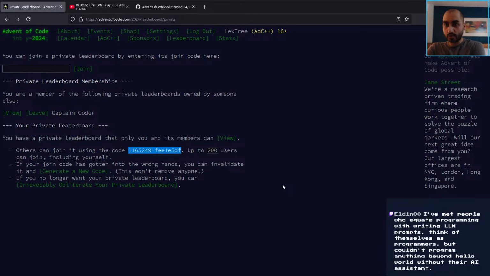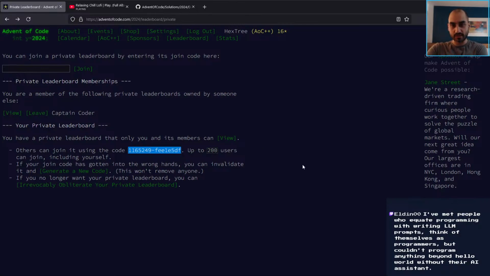I've met people who equate programming with writing LLM prompts, think of themselves as programmers, but couldn't program anything beyond, hey, hello world. Yeah, that's what I'm saying. So it's obvious and common sense to coders, people who can code, that it is against the rules. But some people literally have only used AI to code and to develop scripts for them. In which case, to those people, that's all they know.